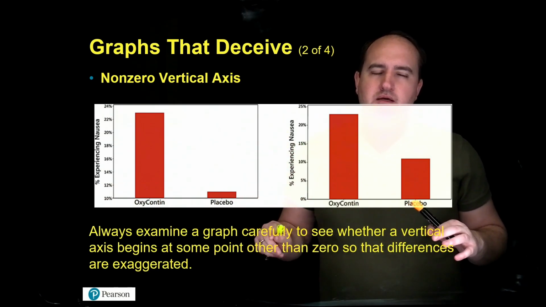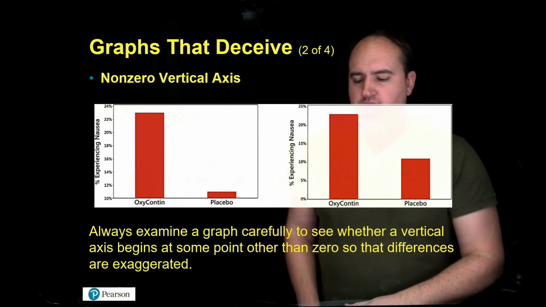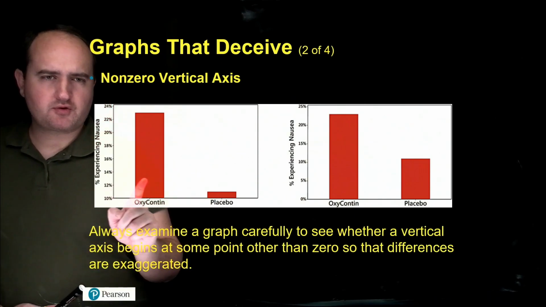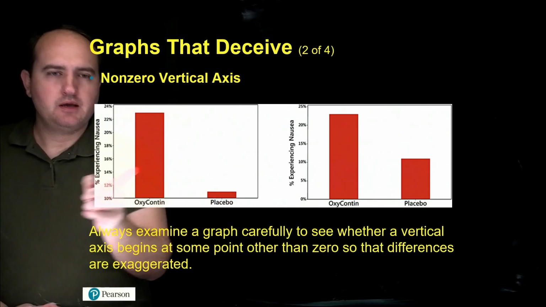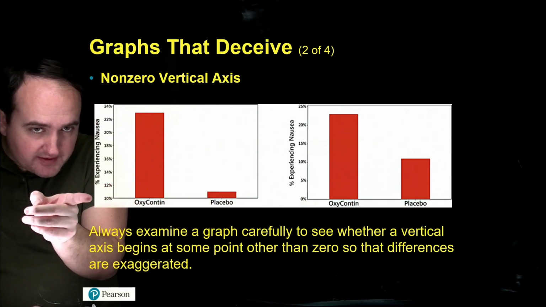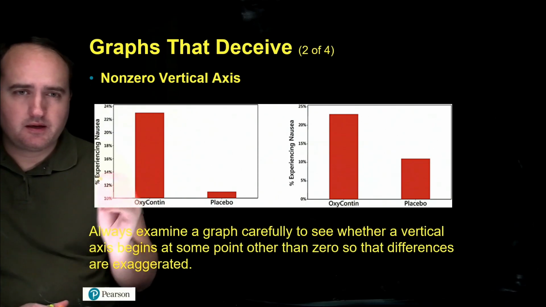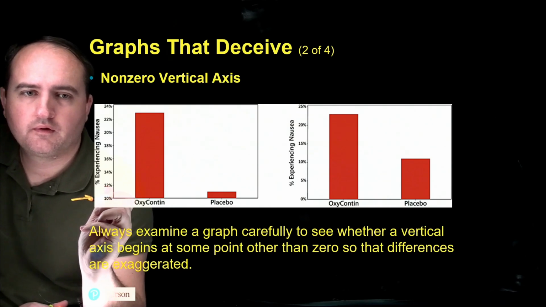So as you can see, something's wrong here. And what's wrong is with the graph on the left. This graph on the left has a non-zero vertical axis. So if you'll notice, if you can read this, this graph starts at 10%. Okay?